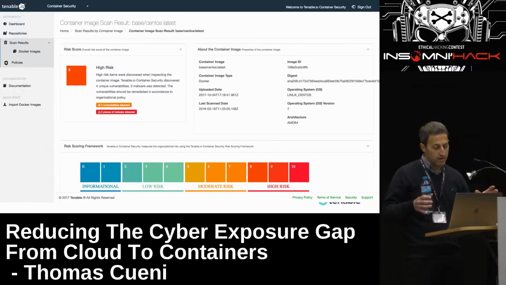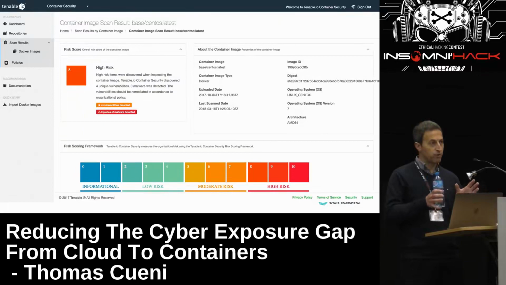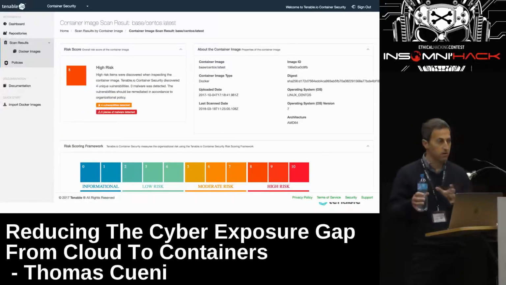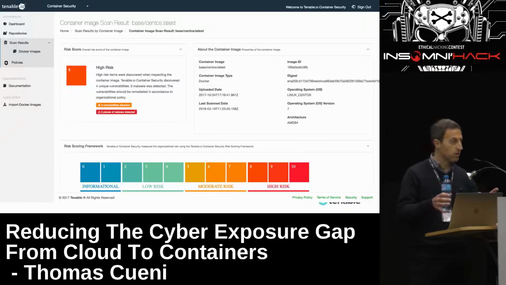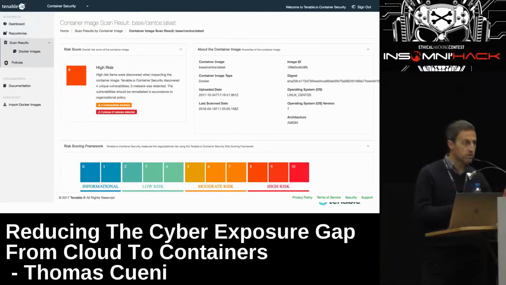So our solution gives you a much broader view of what's going on, not only with regard to containers, but also with regard to the web applications that are public facing, which might use those containers. Also with regard to vulnerabilities about the hosts where Docker is running on.